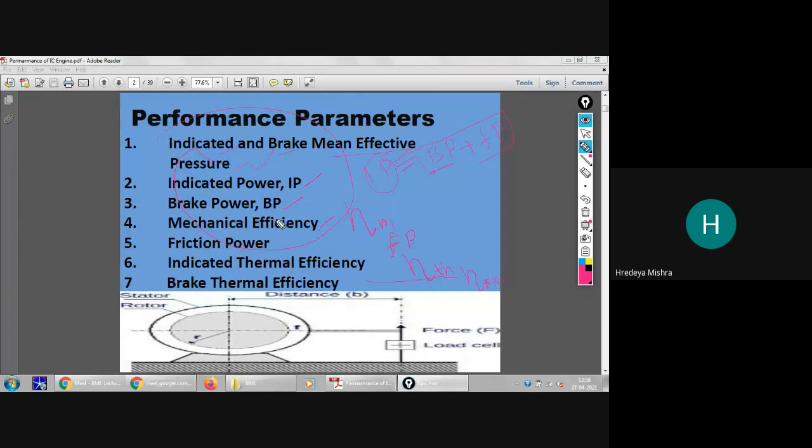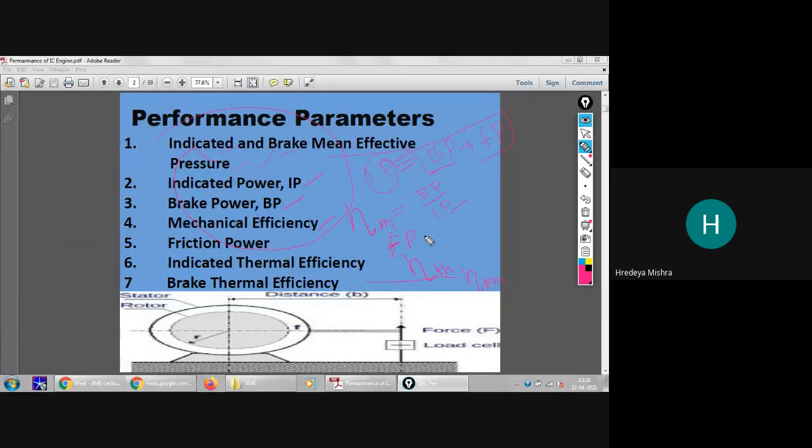Mechanical efficiency, eta m, equals BP upon IP, that is, brake power divided by indicated power.